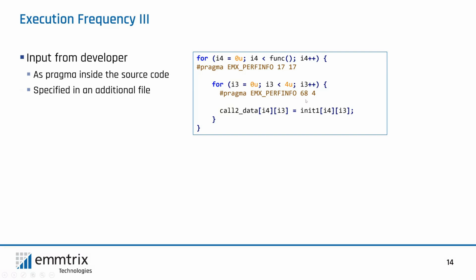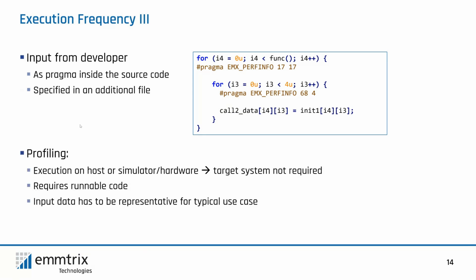But this 68, we wouldn't know just by looking at the function. So statically, it might be a case where we cannot analyze how often this is executed. It doesn't have to be inside of the source code, so we can also specify that in an additional file to not have to make changes to the actual source code.